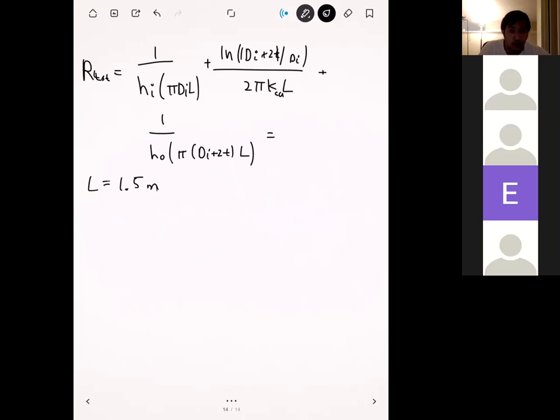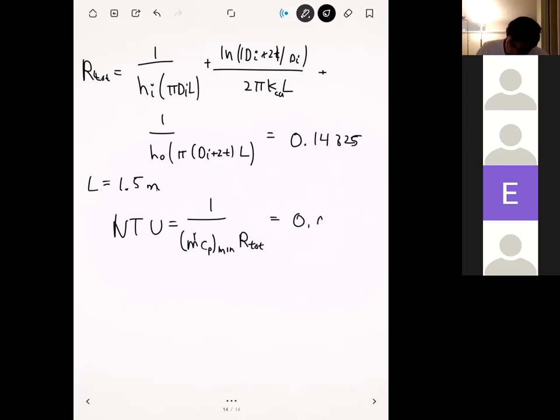Okay, and so we can plug in basically everything for this, and we get a total resistance of 0.14325. Now that we have total resistance, we can compute NTU, where NTU is going to be 1 divided by m dot Cp min times R total. And then what we get is 0.0665. Now that we know NTU, we can compute effectiveness.